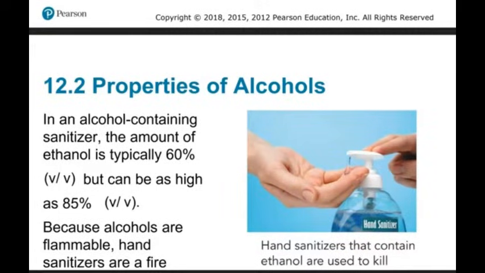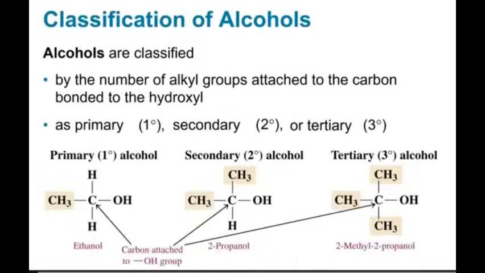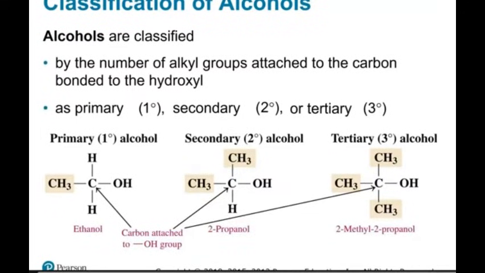We're going to talk about properties, and then we're going to stop. So, properties of alcohols. They're flammable, first and foremost. Alcohols can be classified based on the number of carbons attached to the carbon that is bonded to the hydroxyl group.